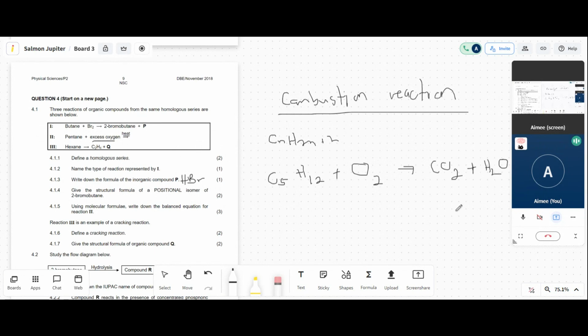Okay, our only problem now is that this is not balanced. Okay, they specifically said they want a balanced equation. So now you've got to go and you've got to balance it.